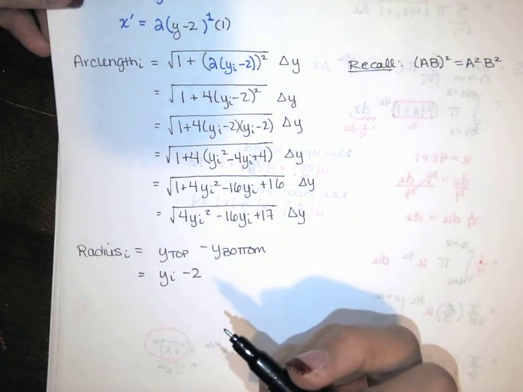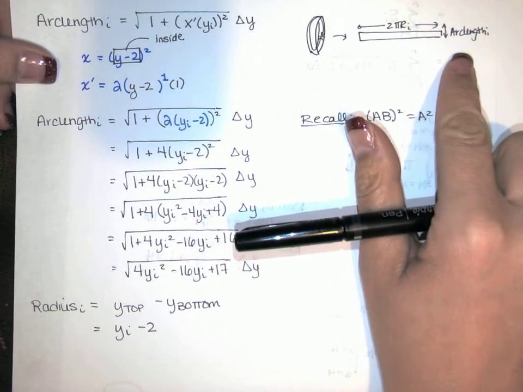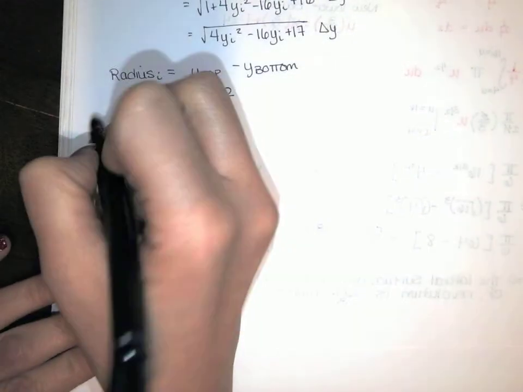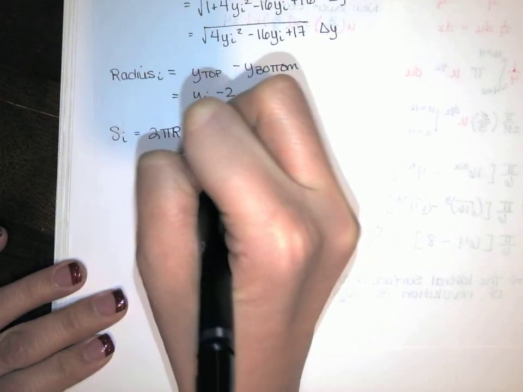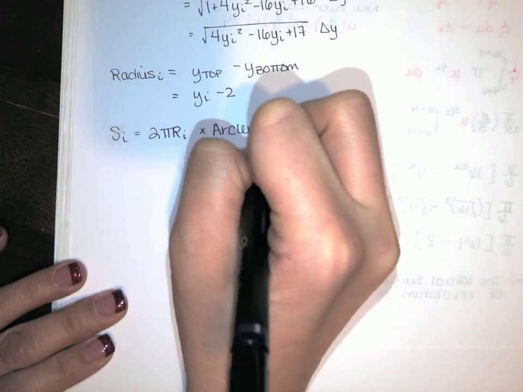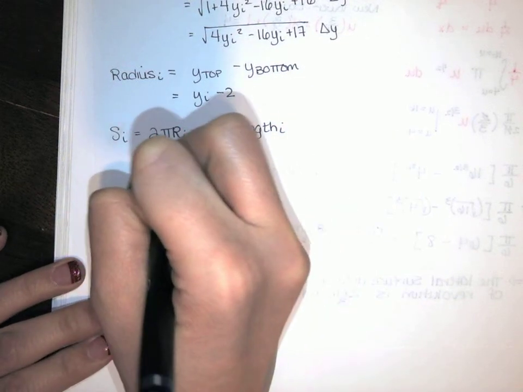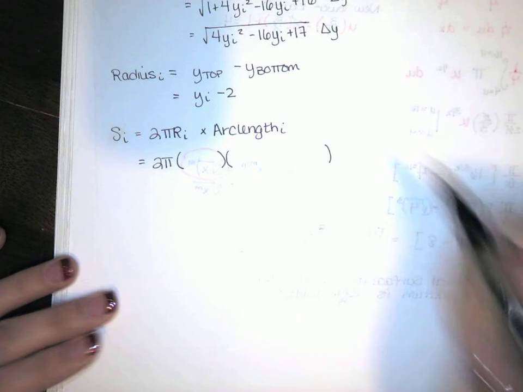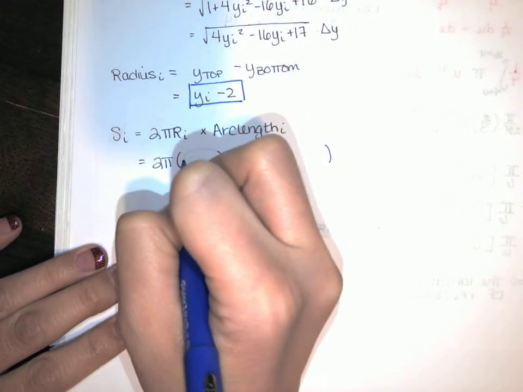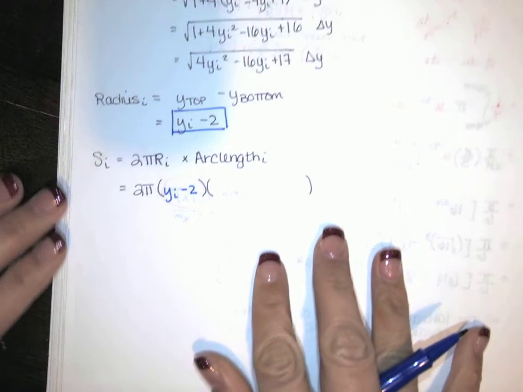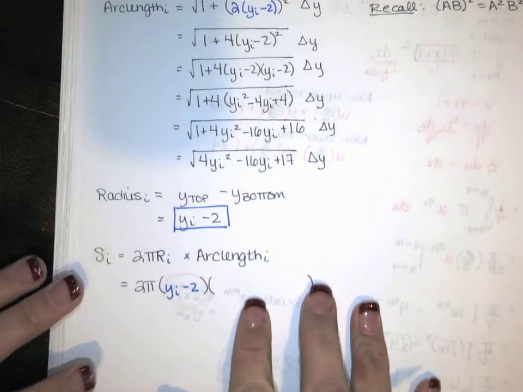Let's put the pieces together now. So my surface area is the circumference times the arc length. So that's 2 pi times the radius times the arc length. In this case, that's 2 pi times this, which is right here, y sub i minus 2, and the arc length would be helpful if there was a y minus 2 squared inside.